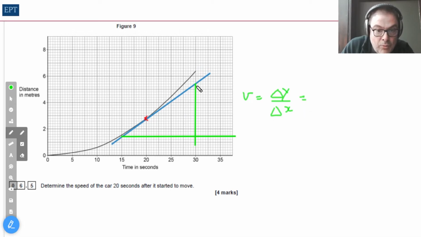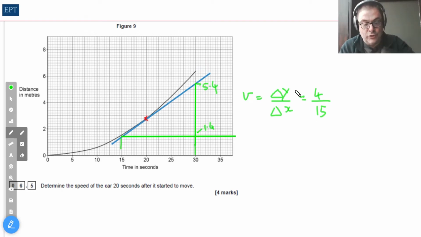So the change in the y is going from that value, which is around about 5.4, down to actually what is 1.4. So in other words, the change in the y value for me is 5.4 minus 1.4, or 4. And the corresponding change in the x-axis is 30 minus 15, in other words, 15.